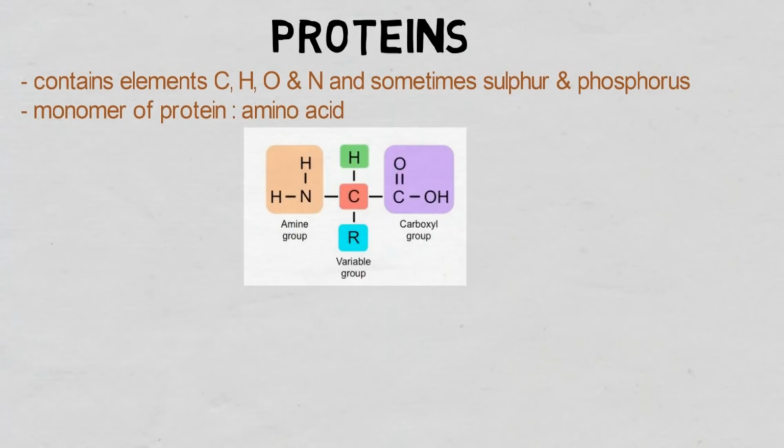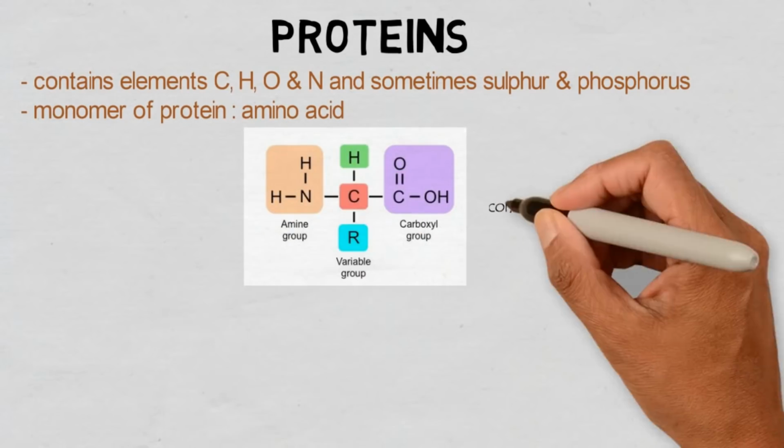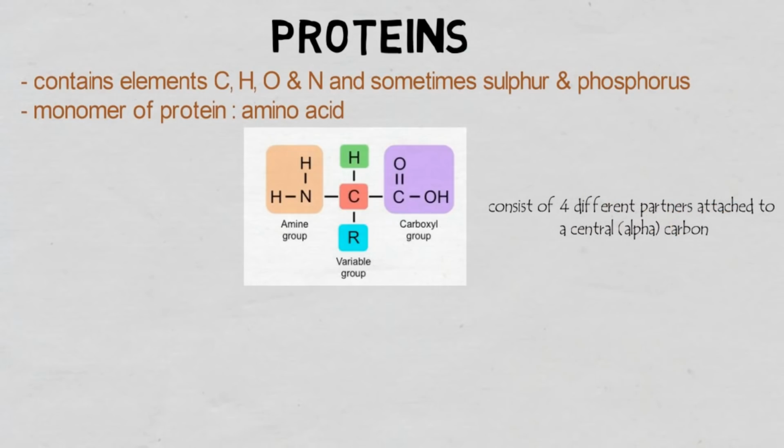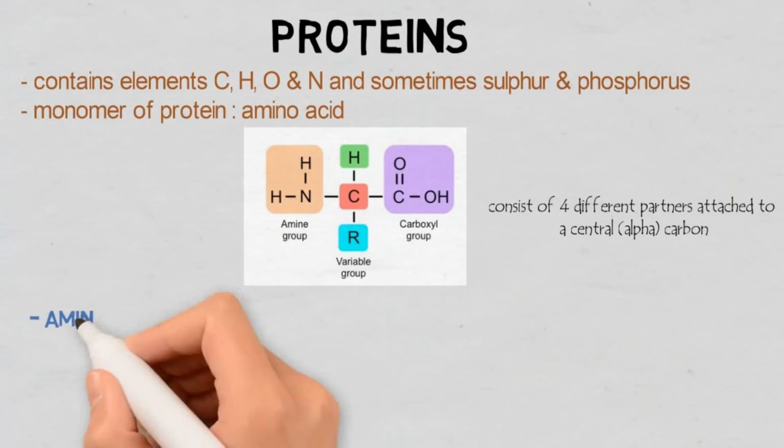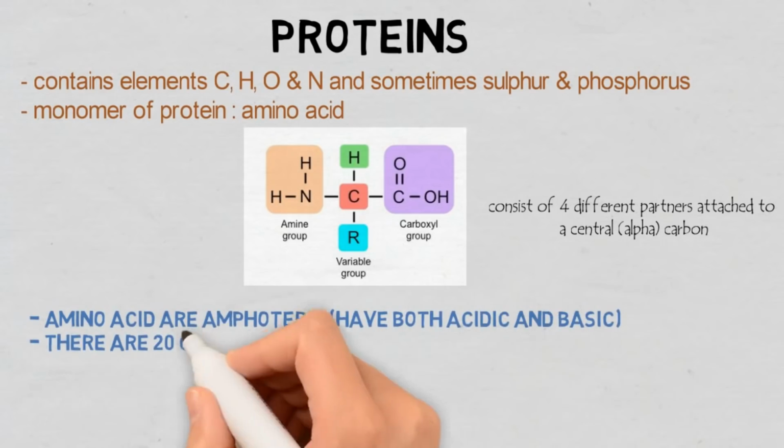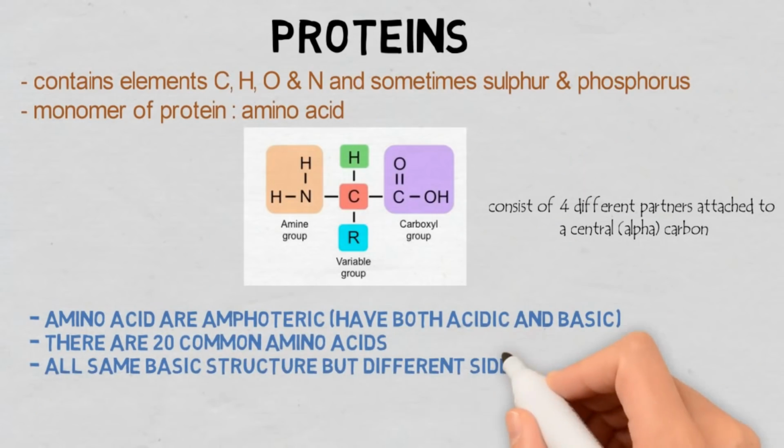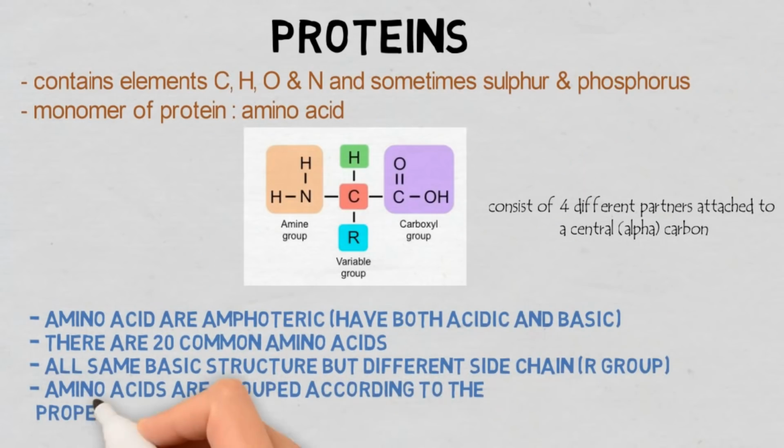An amino acid consists of 4 different partners attached to a central alpha carbon, which are an amine group, a variable group, a carboxyl group, and hydrogen. Amino acids are amphoteric, having both acidic and basic properties. There are 20 common amino acids, all with the same basic structure but different side chains, which is the R group. Amino acids are grouped according to the properties of their side chain.